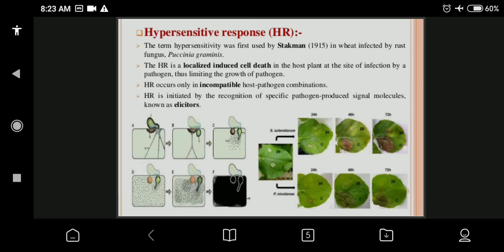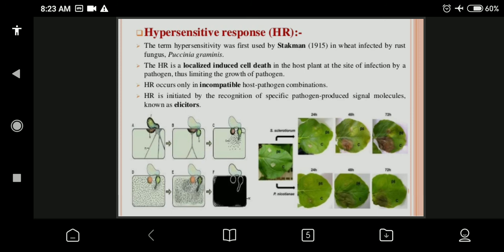Hypersensitive reactions occur to limit the growth of the pathogen, and they occur only in incompatible host pathogen combinations. So the biochemical defenses are present only in the incompatible host pathogen combinations.